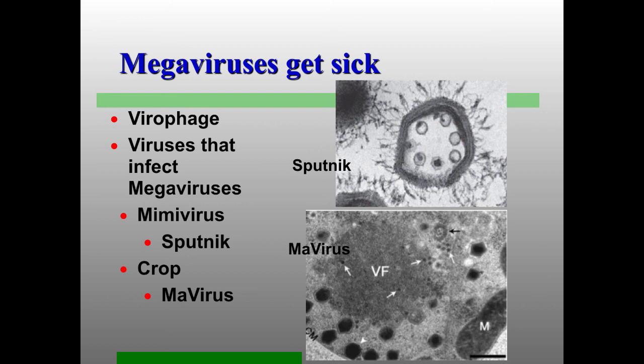I like to think of the virus factory as kind of what's being infected by these virophage. These are the Sputnik and Mavirus. The Mavirus in particular are very similar to transposons. So transposons versus viruses, the difference between these two just seems to be that you've got an extra capsid protein. Capsid protein plus transposon basically gives you a virus.